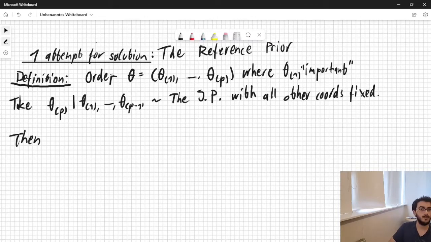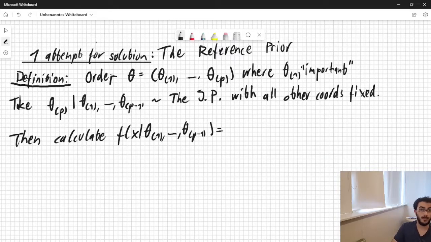Then you just calculate the marginal distribution of x given theta 1 up to theta p minus 1. This is equal to the integral with respect to theta p.